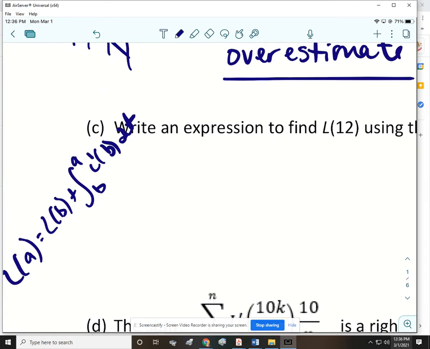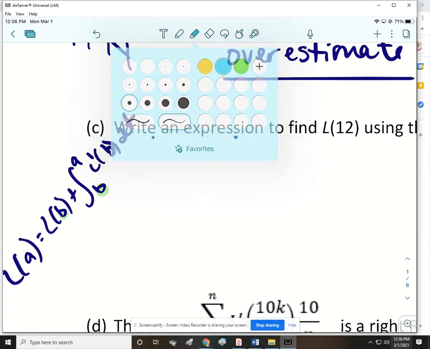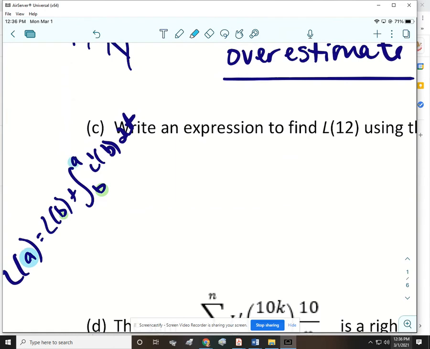We talked about that these two have to match, and then these two have to match. Oh, T, yeah, that needs to be T. It's L prime. It looks like a C.